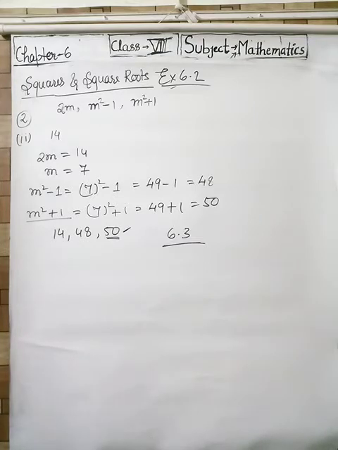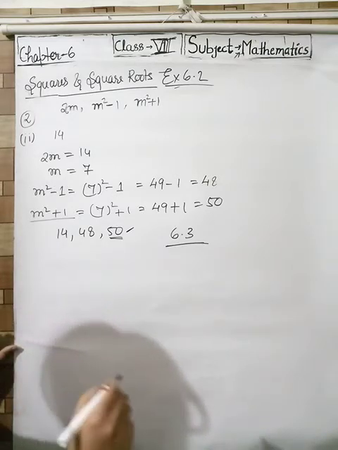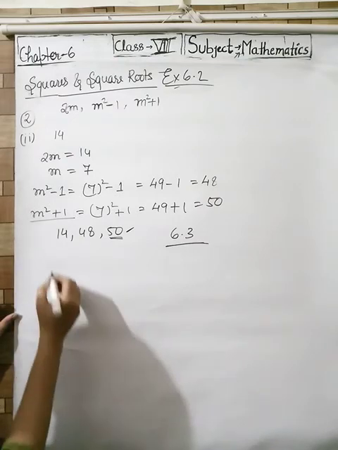What could be the possible ones digit of the square root of each of the following numbers? Okay, now see. For this, we need to know what is square root. How to find square root, we will discuss in the next class, but we need to know what is square root.